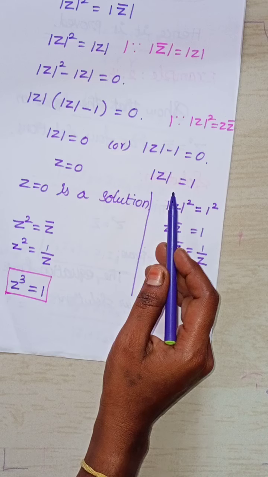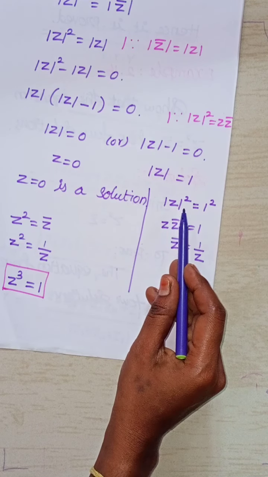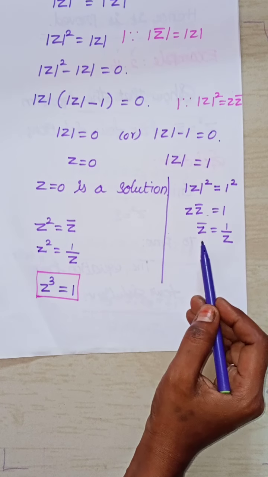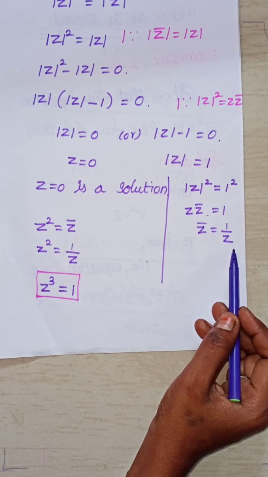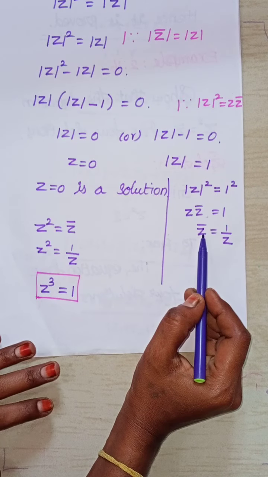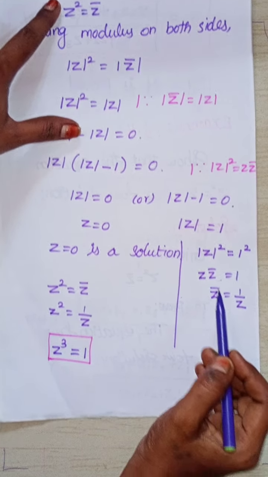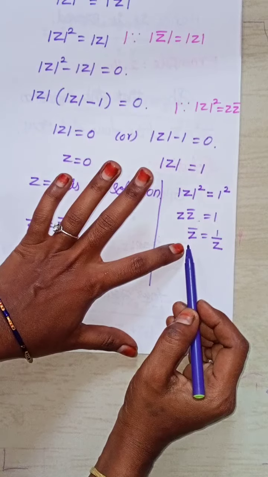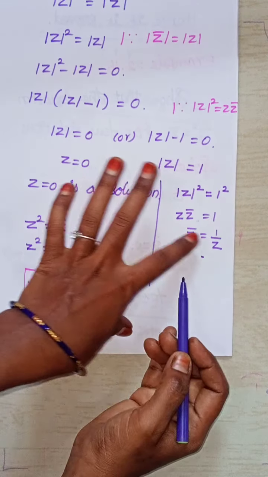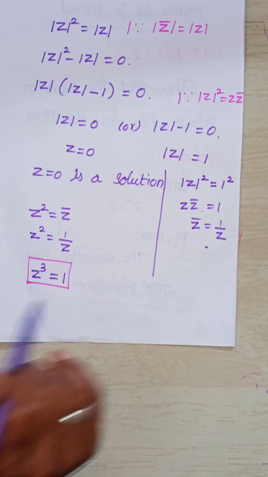Taking squares, modulus z squared equal to 1 squared. Modulus z squared can be written as z bar, so z bar equal to 1, and then z bar equal to 1 by z. Given z bar equals z squared, now here also we replace it: z squared equal to 1 by z, and then z cube is equal to 1.